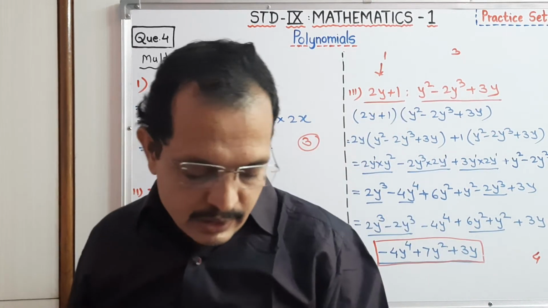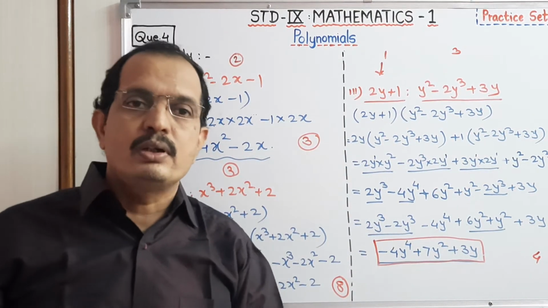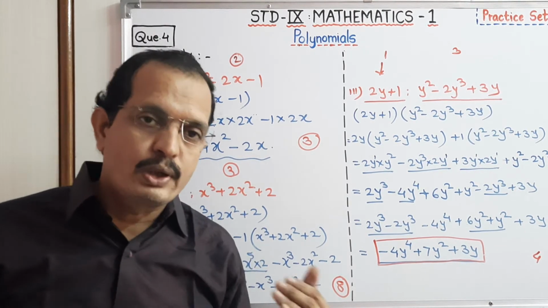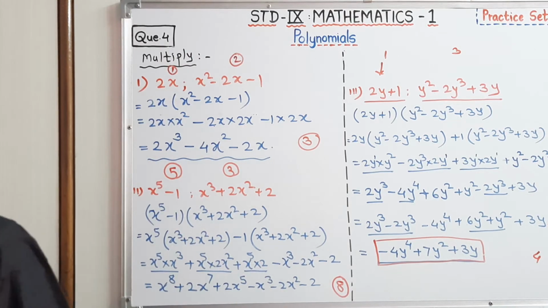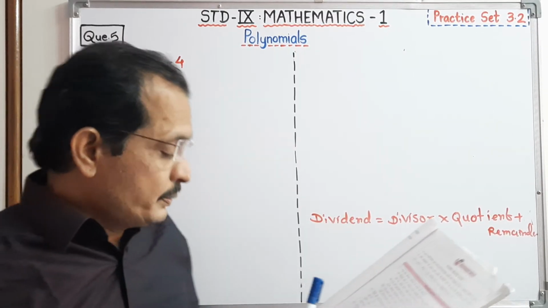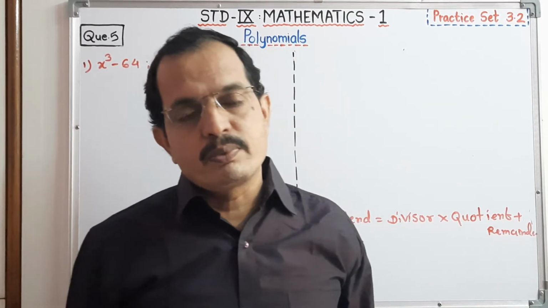Now we completed here question number 4, and dear student, most important, division of the two polynomials, how to do that we have to learn now. Dear student, we have to start with question number 5.